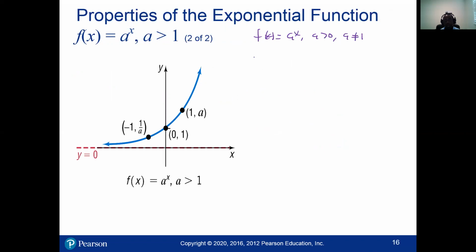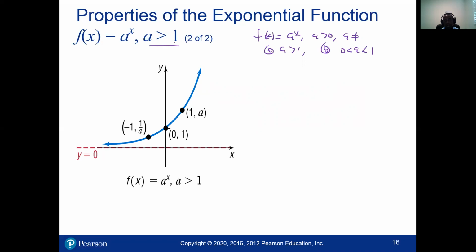So there are two cases: A, where a is greater than 1, and B, where a is less than 1 but greater than 0. One of the functions will be increasing, the other will be a decreasing function.